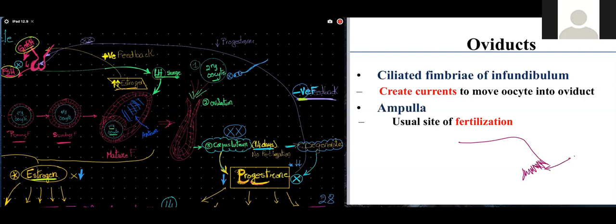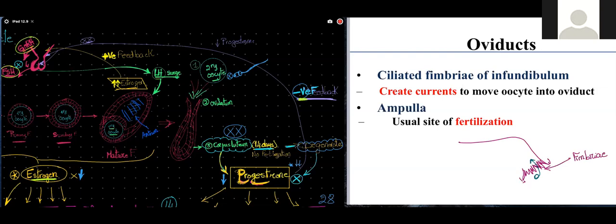Those are the fimbriae. The movement of those finger-like projections will create currents that will allow the egg to be picked up to the inside of the fallopian tube.